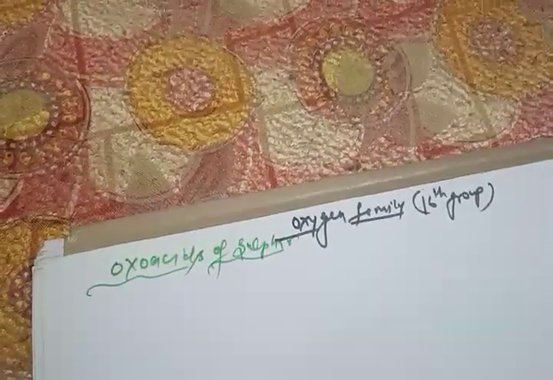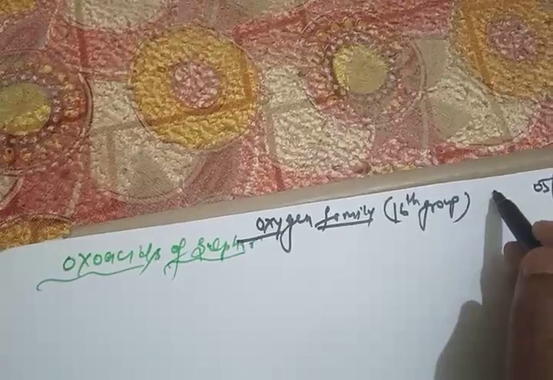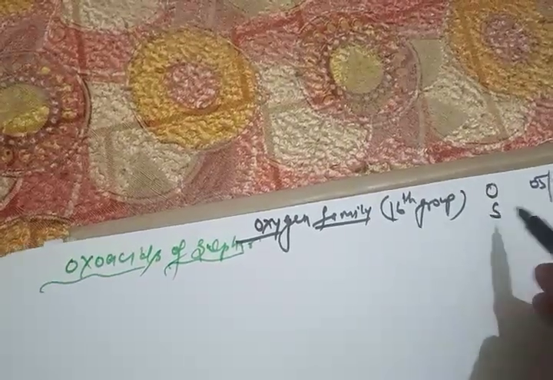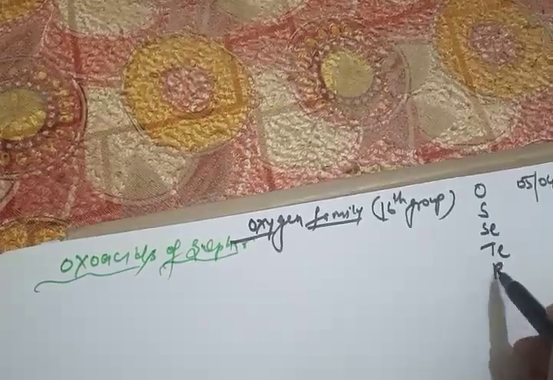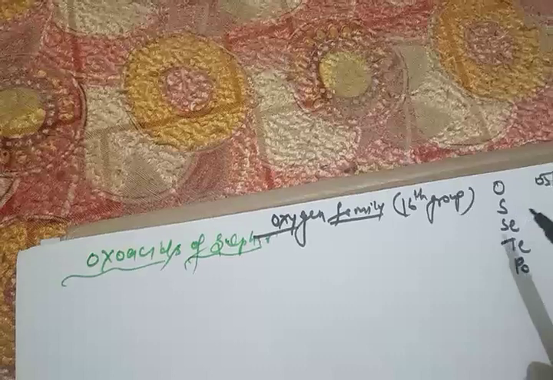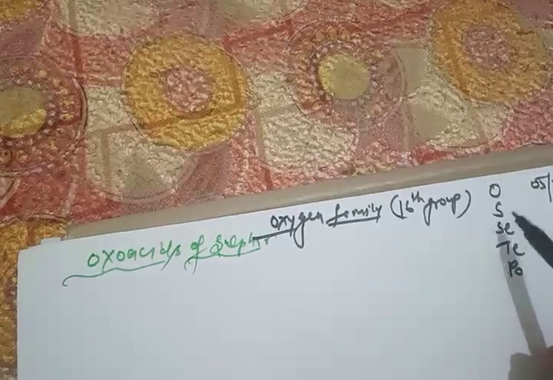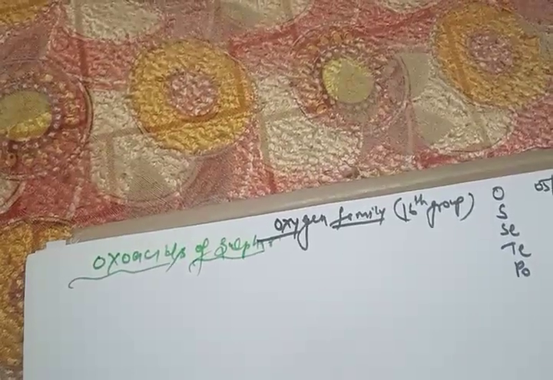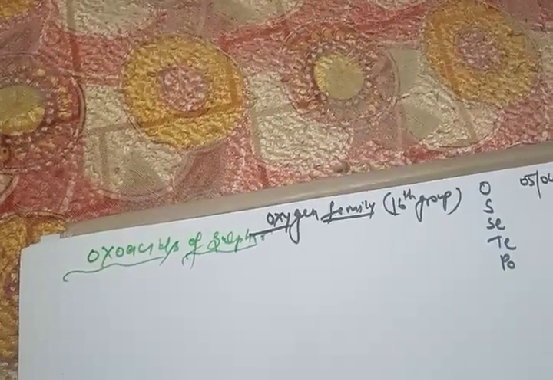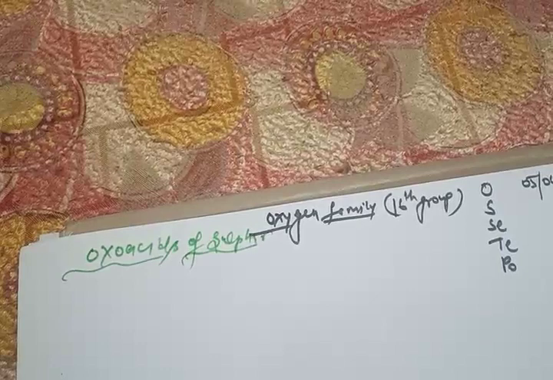As we know, the oxygen family members are oxygen, sulfur, selenium, tellurium, and polonium. So here we are going to discuss the oxoacids of sulfur, their structure, oxidation state, and the acidic nature.